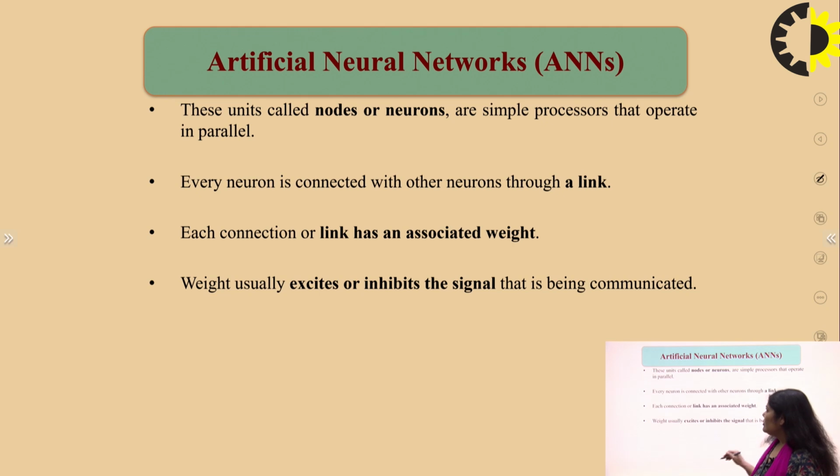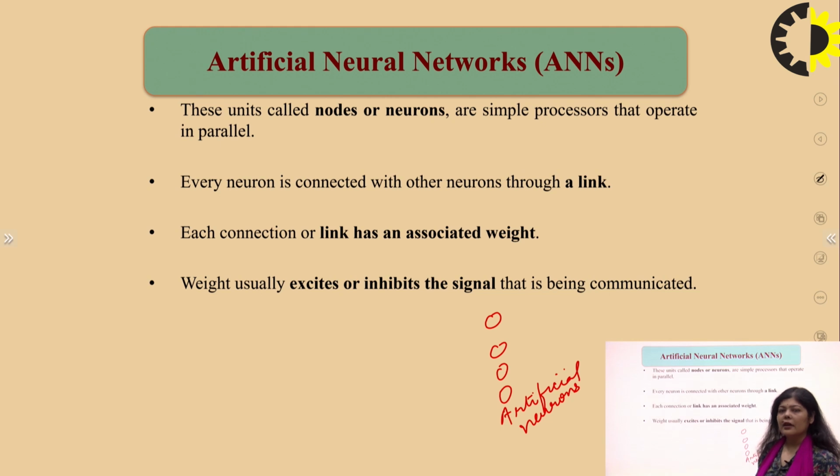So here also in artificial neural networks, there are different nodes, which are called artificial neurons. All these neurons are connected or organized into some formation.